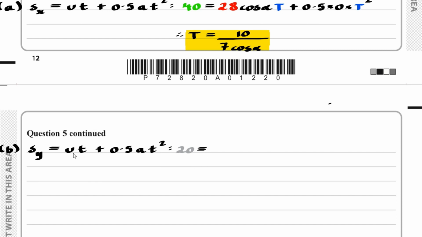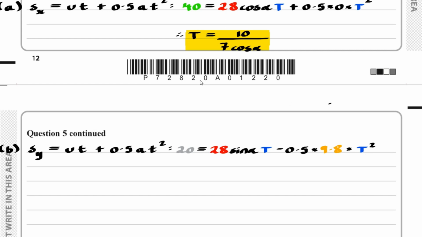This is equal to the vertical component of the velocity, 28 sine alpha, multiplied by t. And then we subtract, because we assume gravity to be acting downwards and we're taking upwards to be positive, 0.5 multiplied by 9.8 multiplied by t squared.